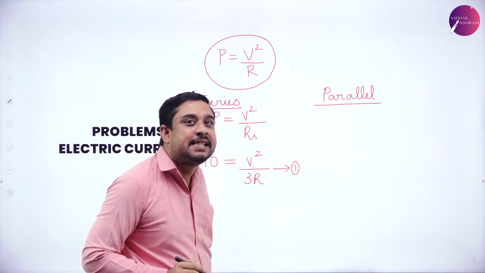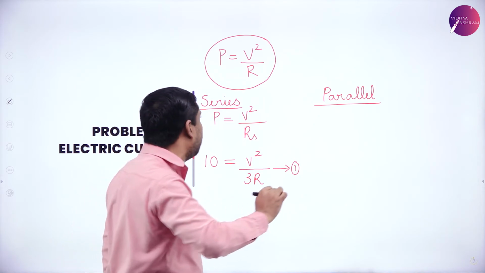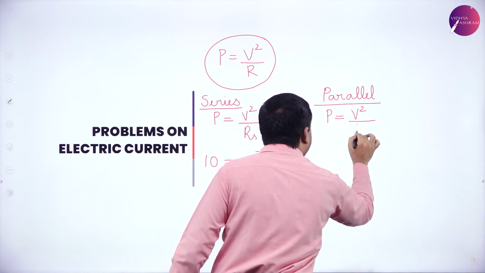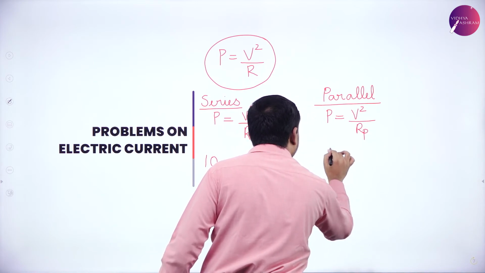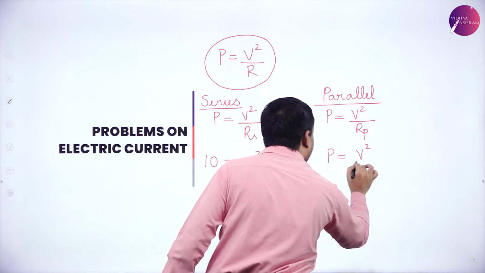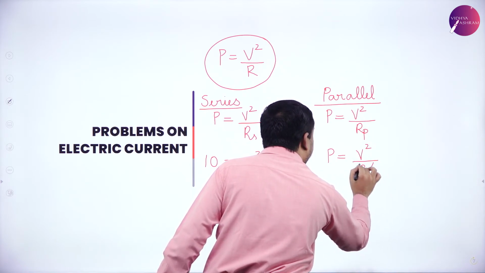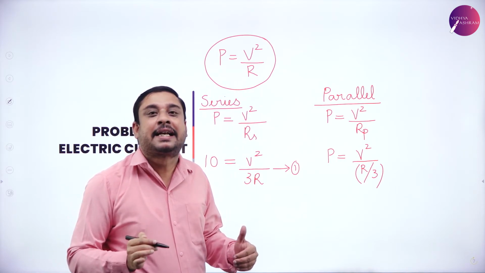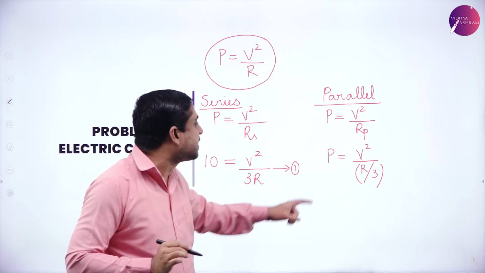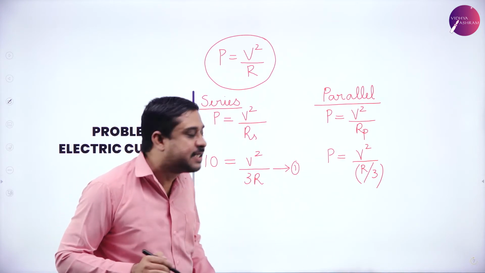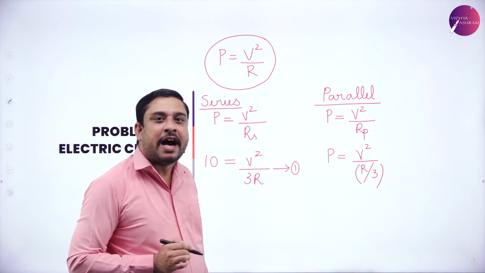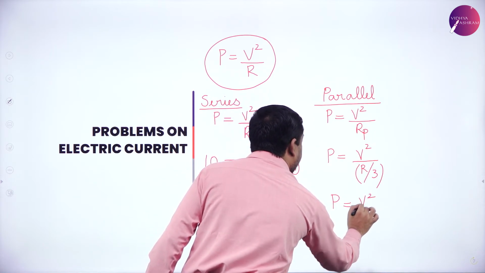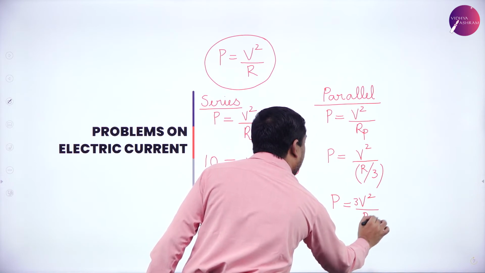So P is V square by RP. For 3 resistors of same value connected in parallel, effective resistance is R by N. There are 3 resistors here, so R divided by 3, or P is 3V square by R.